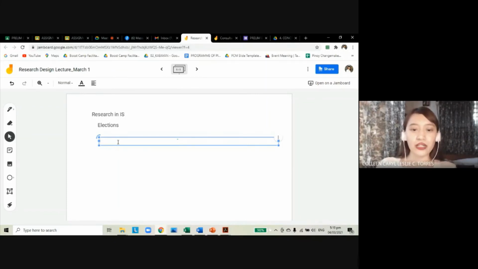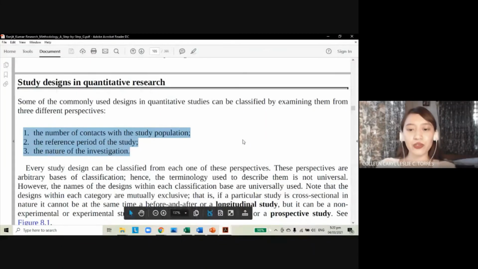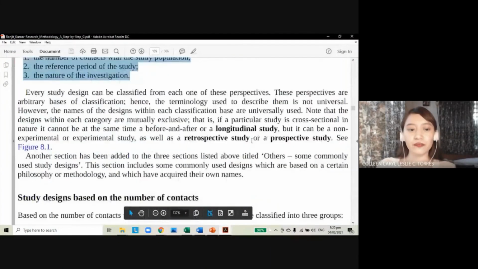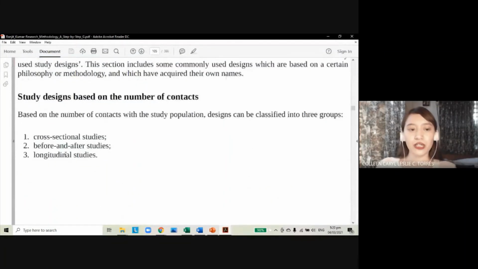So in a longitudinal study, there are three types: longitudinal, before and after studies.